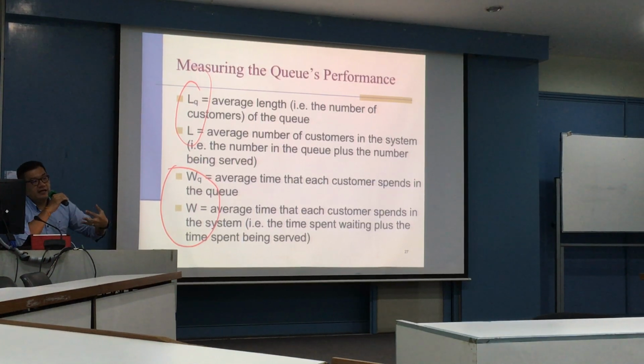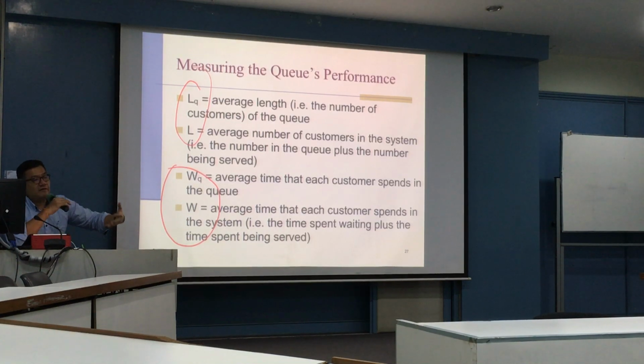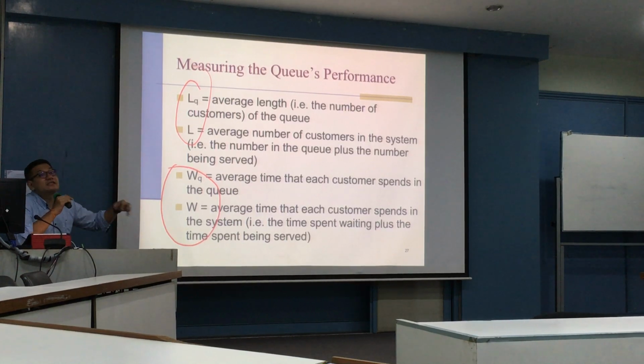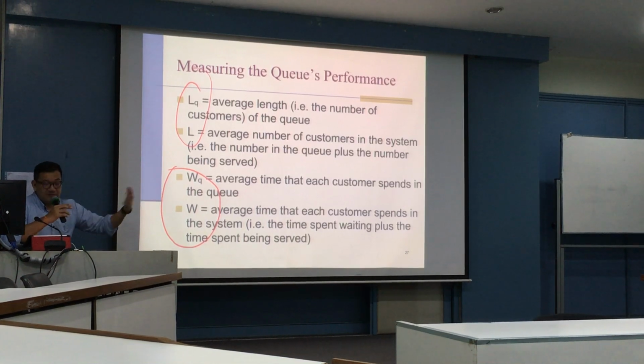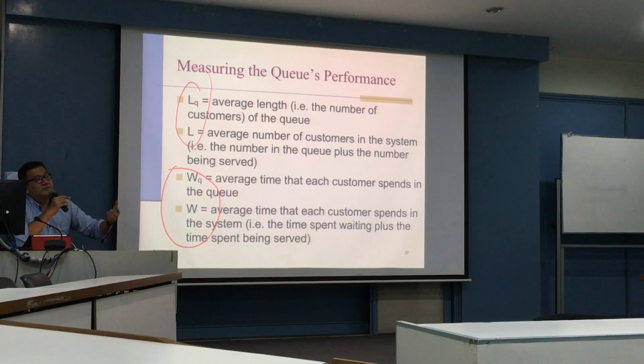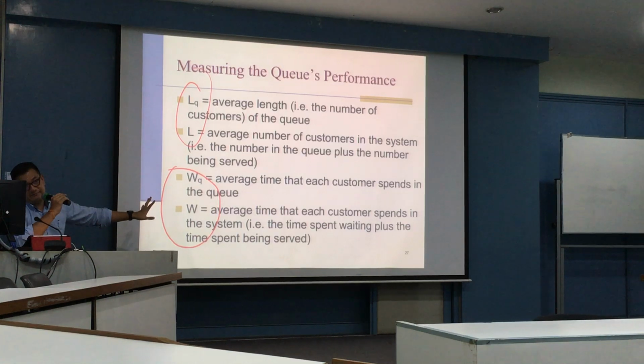But W has no subscript Q, so W is the average time that each customer spends in the system. So W actually equals WQ plus service time: the time you're waiting in the queue, which is WQ, plus service time, is W. And this is an average as well.